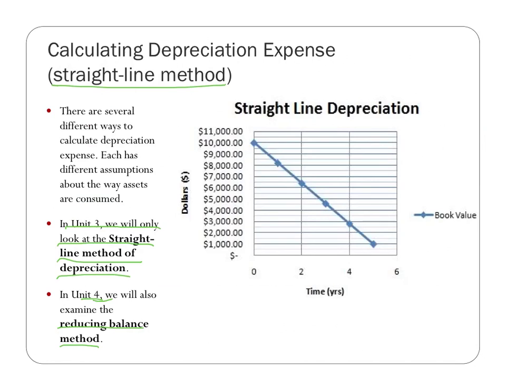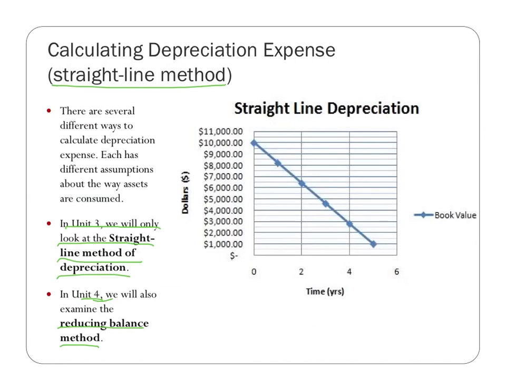All right. So let's have a look at the graph here on the right. This is a graphical representation of straight line depreciation. Let's imagine that you've got a non-current asset, for example, a delivery van.